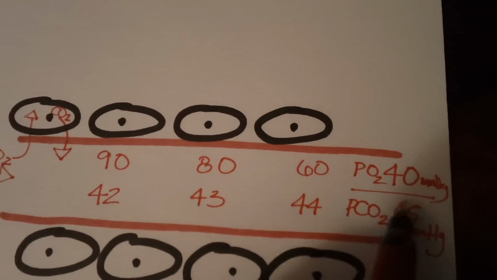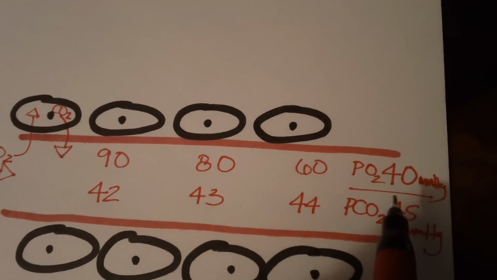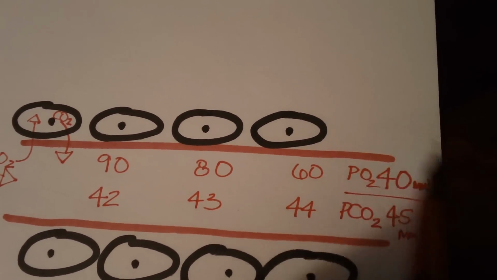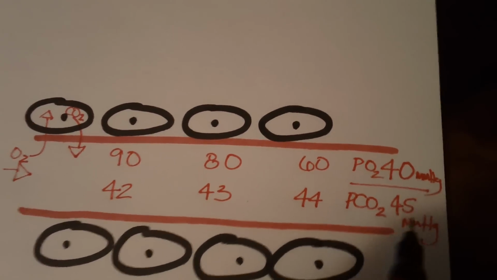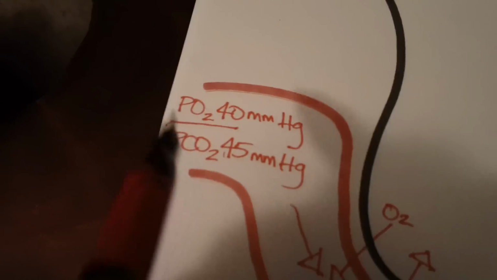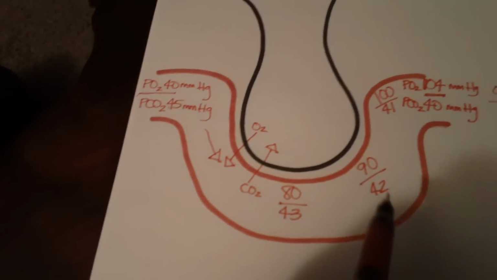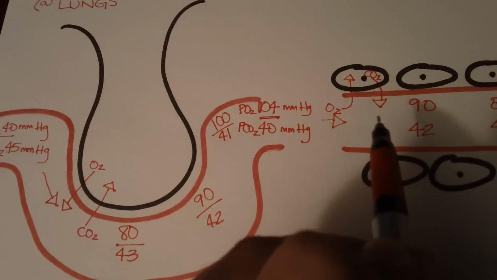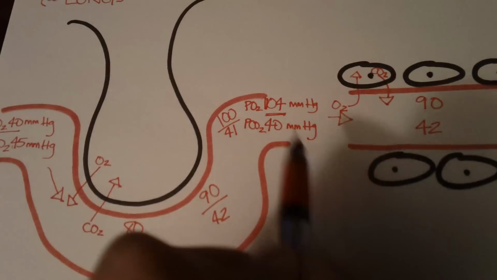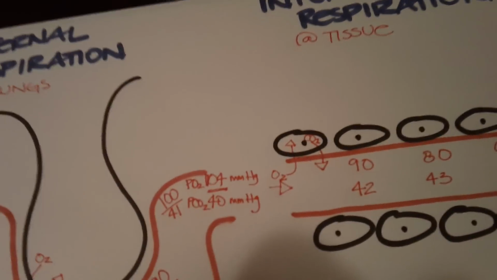Okay, and we've gone through the whole system. This is what our numbers look like now, and this tells us it's time to go hit the lungs again, which will come over here. Here are our numbers, and we will make a pass through the lungs again to get our numbers where they need to be before we enter the systemic circulation to feed all of our tissues again. So I hope that makes sense.